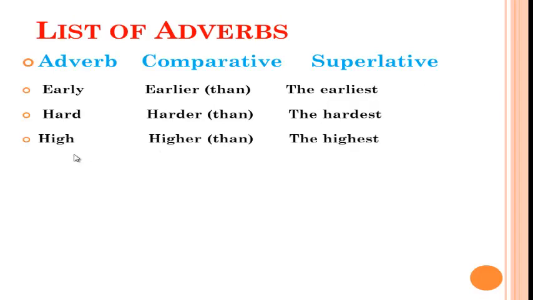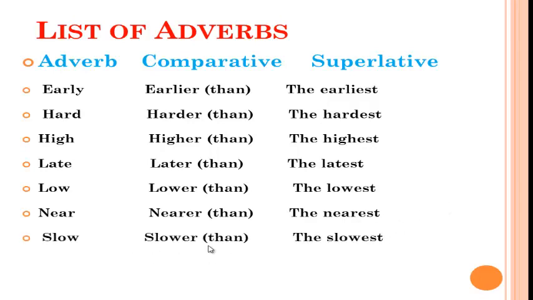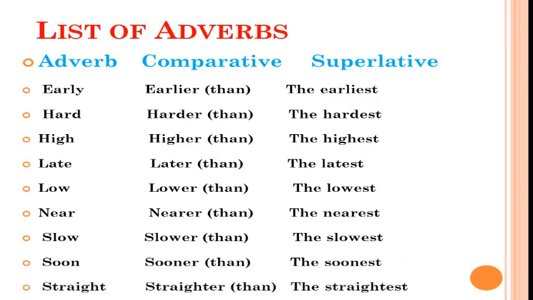High, higher than, the highest. Late, later than, the latest. Low, lower than, the lowest. Near, nearer than, the nearest. Slow, slower than, the slowest. Soon, sooner than, the soonest. Straight, straighter than, the straightest.